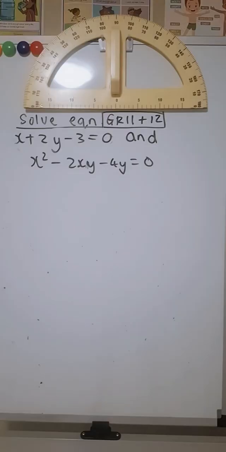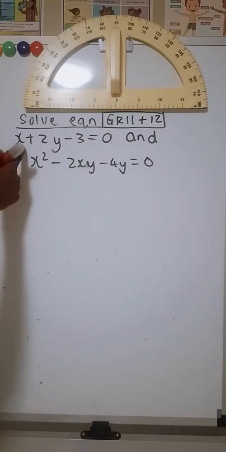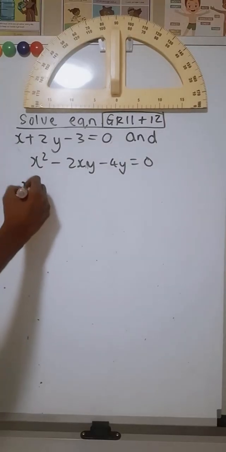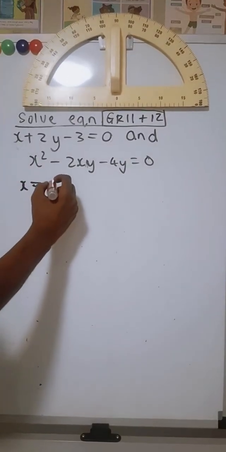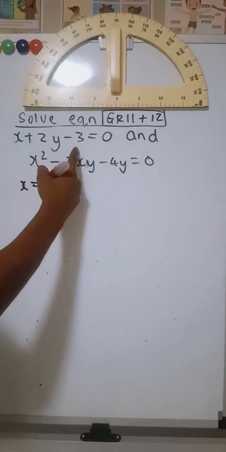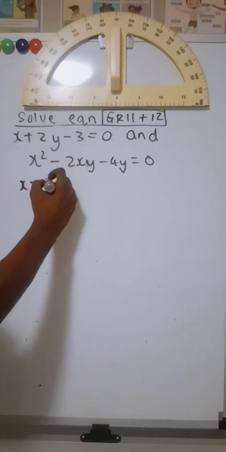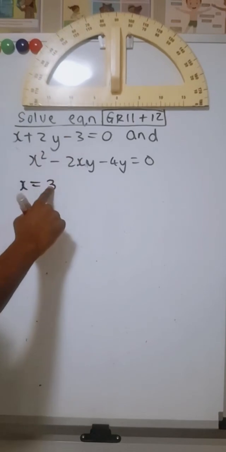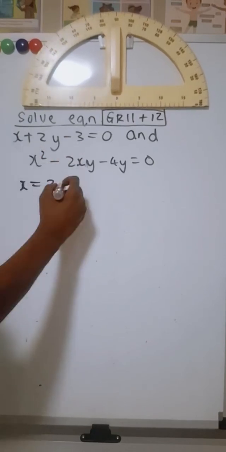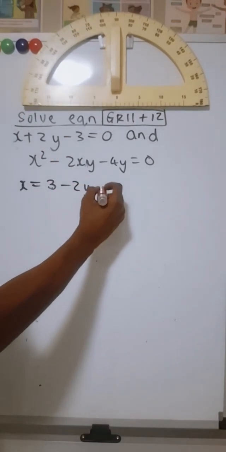So if I am someone who's doing this question, I would easily make x the subject rather than make y the subject of the equation. But really depends on who you are, right? So to make x the subject, then it's going to be x is equal to we take the 3 and the 2y over. Negative 3 becomes positive 3. Positive 2y becomes negative 2y.